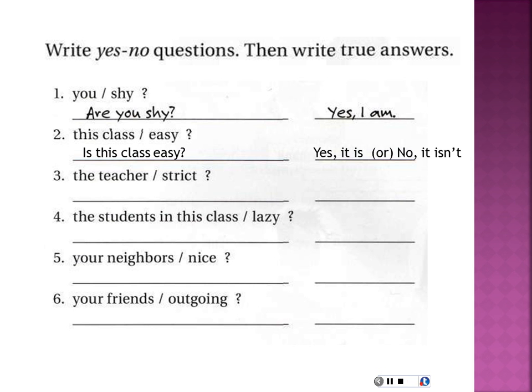Okay, let's go to number 3. The teacher strict. So we have a noun and we have an adjective. The teacher المدرس strict, it means صارم. Okay, he's very serious. So the teacher, he's singular and he's third person.